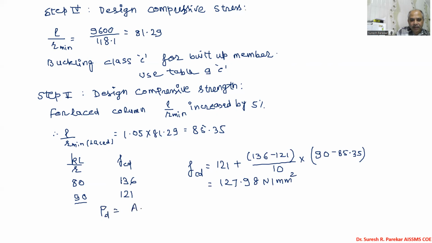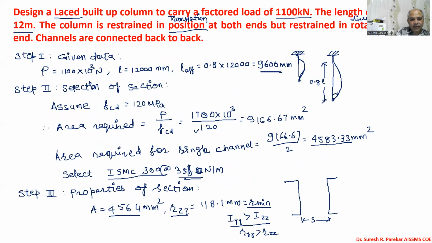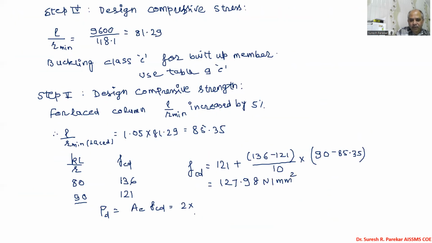So PD is equal to AE into FCD. Now AE we have 2 into area, we have seen 4564, multiplied by 127.98.